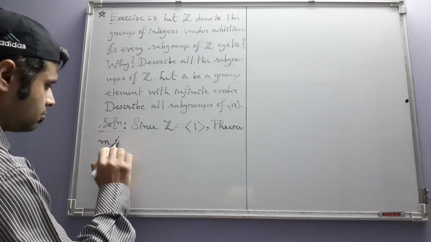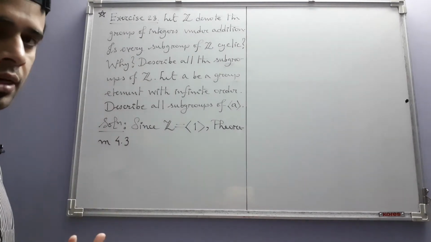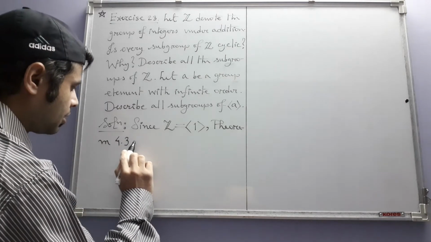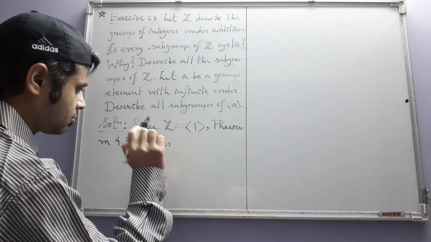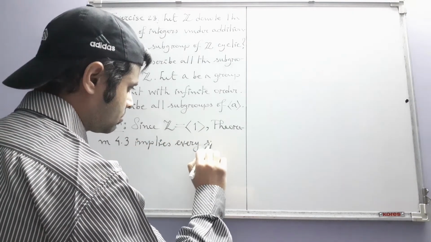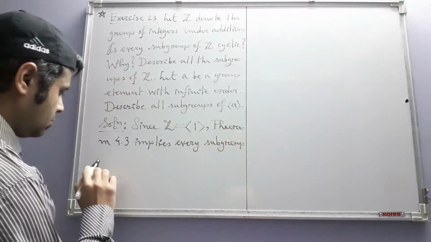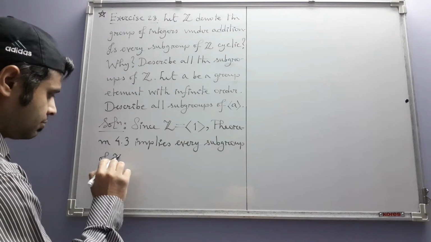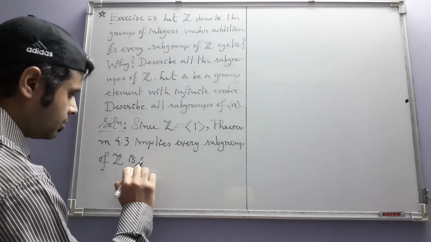So theorem 4.3, which is the fundamental theorem of cyclic groups, implies every subgroup of Z is cyclic.